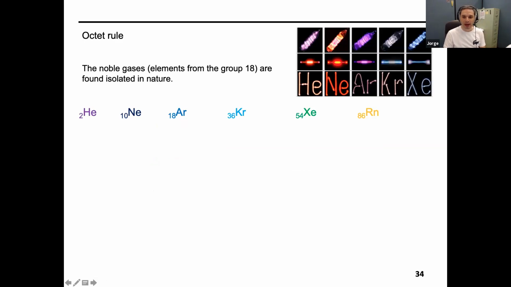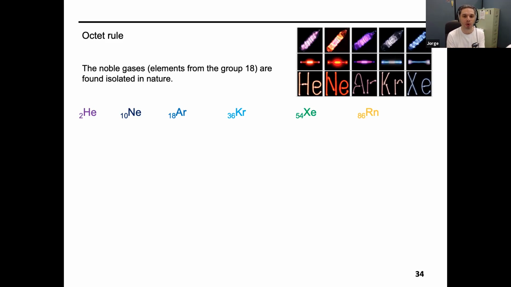If we go back to the periodic table and look at all the elements, almost all of them will be found in nature as a compound, combined with other elements. However, there is one group of elements that are found isolated in nature. The fact that they are found isolated tells us that those elements do not need to combine with anyone to achieve stability.